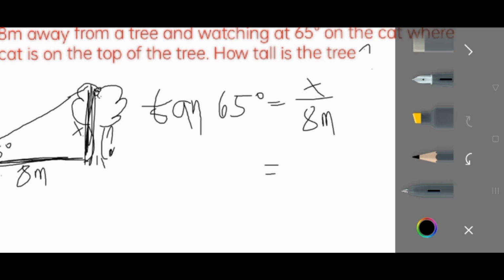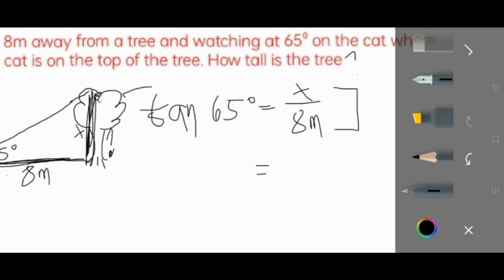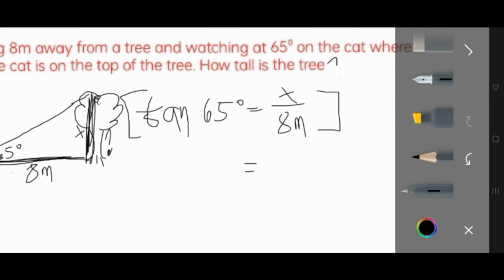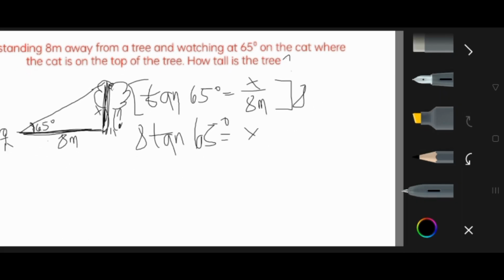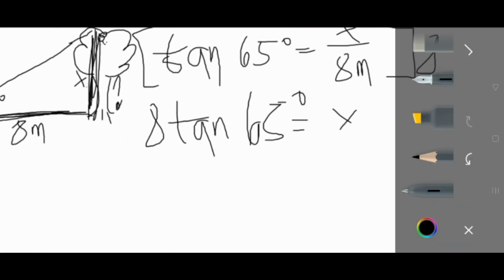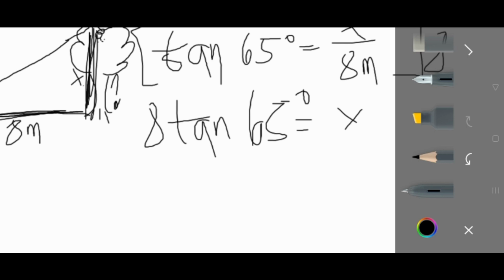Then we multiply both sides by 8. So 8 tangent of 65 is equal to x, and 8 tangent of 65 is 17.156 meters.